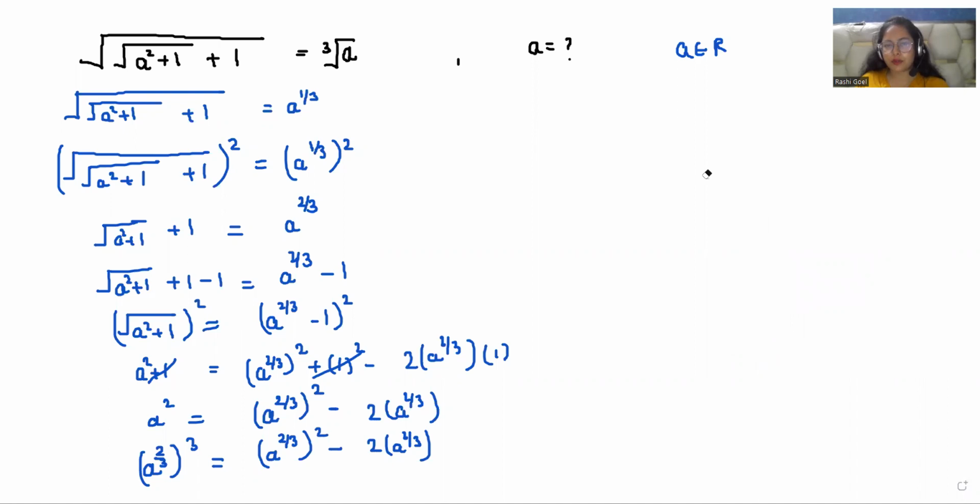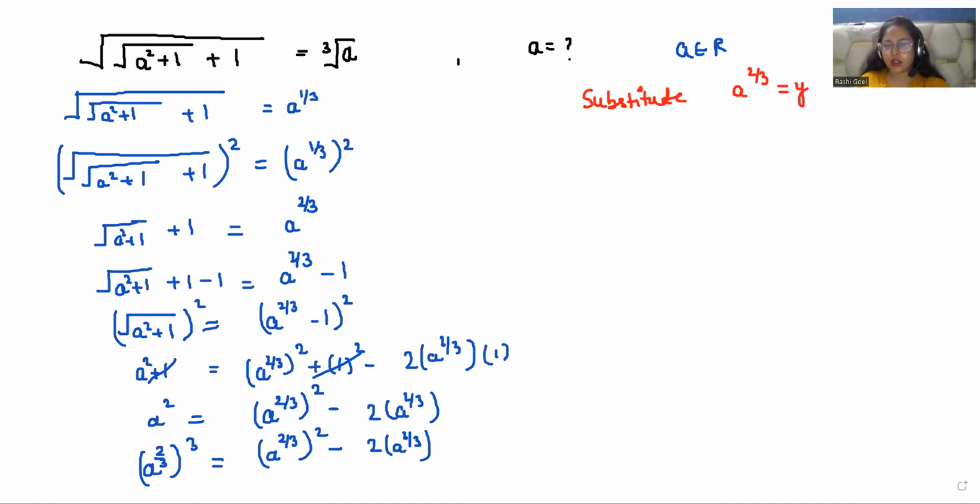So I am going to substitute it with a variable. So substitute a power 2 by 3 as y.